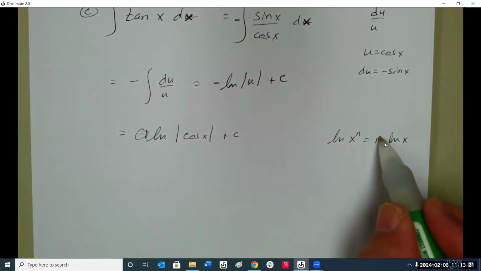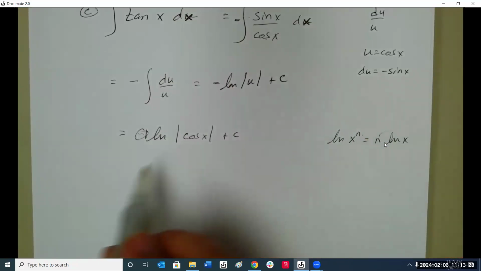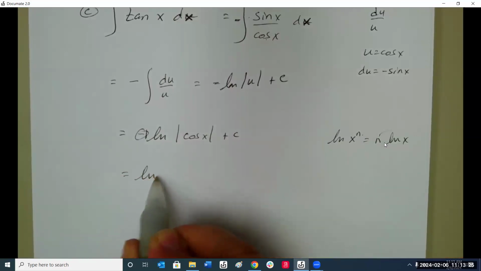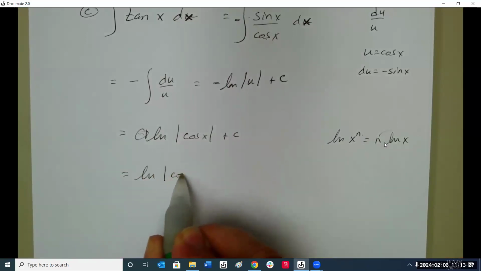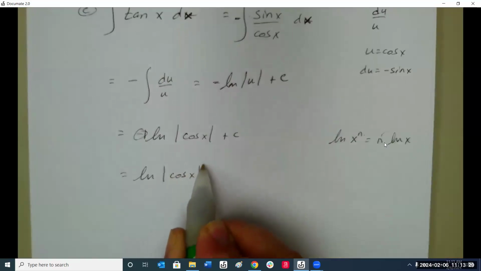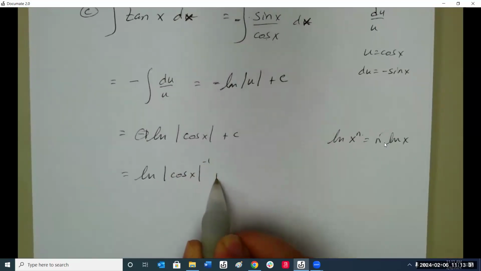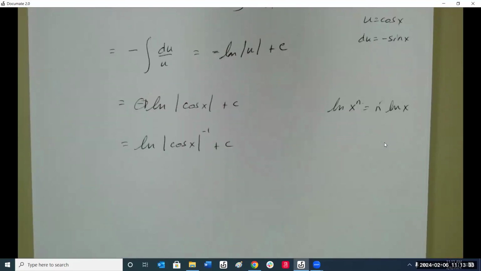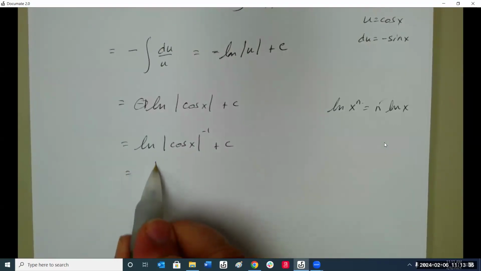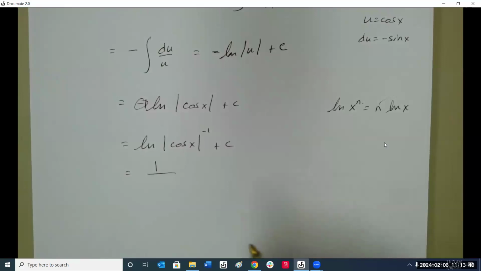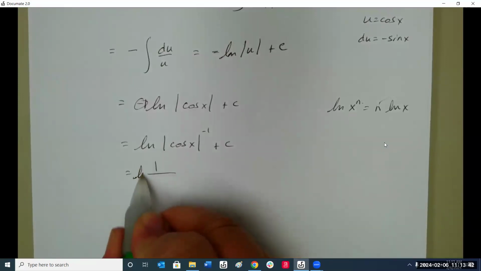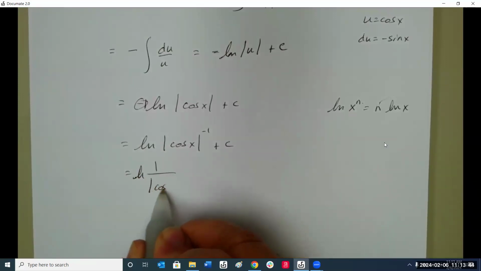So if you have a coefficient in front, it becomes the exponent. Cosine x absolute value to the power -1, which makes it 1 over, ln of 1 over absolute value of cosine x.